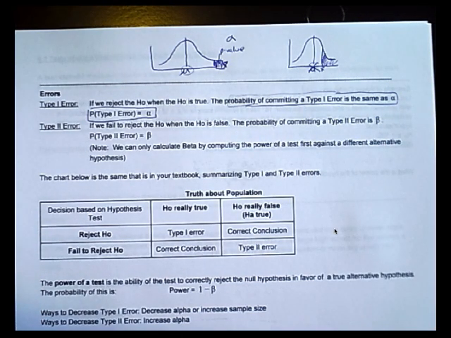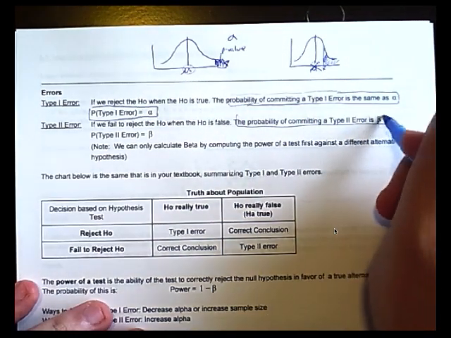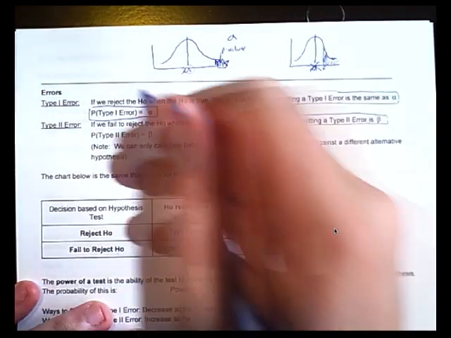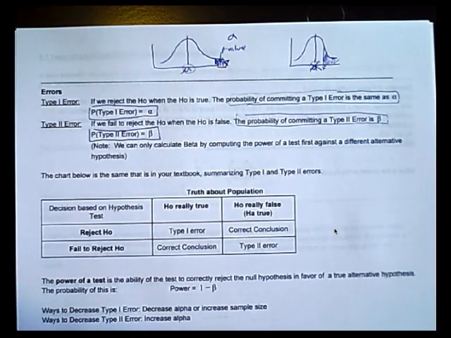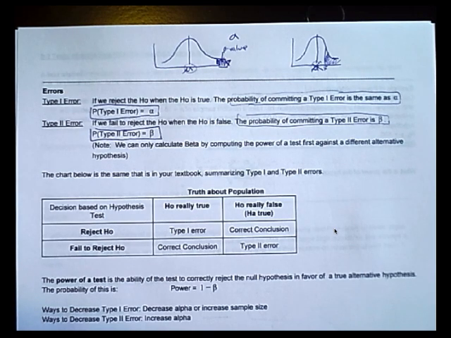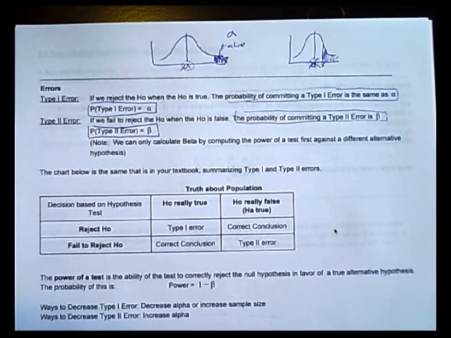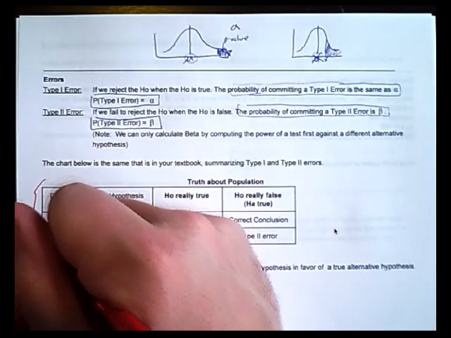The probability of committing a type 2 error is called beta. Note we can only calculate beta by computing the power of a test first against a different alternative hypothesis. In your textbook, it tells you what the errors are.